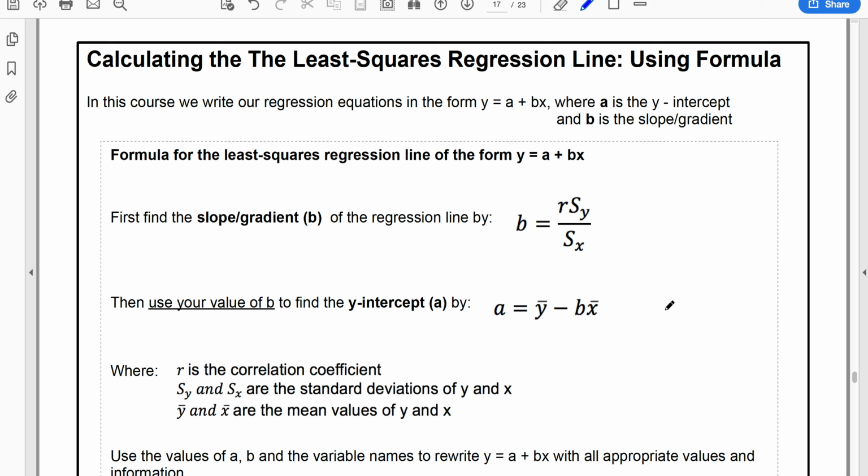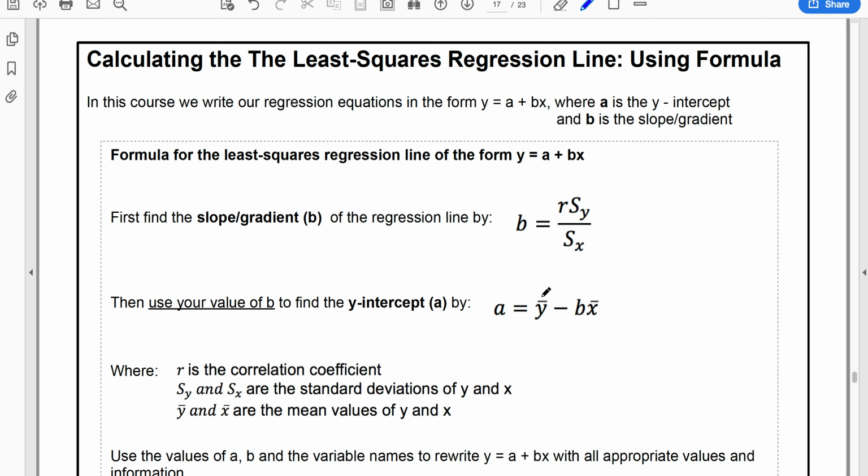The reason is because there's a relationship between the R value, remember that's Pearson's correlation coefficient, which we looked at last lesson, and the standard deviation of the variables, and also the mean of the variables. We did the mean and the standard deviation back in semester 1.